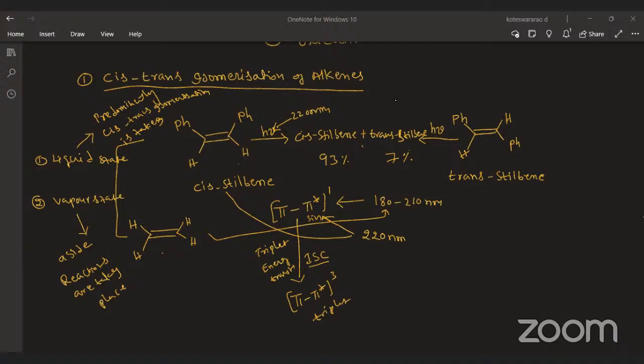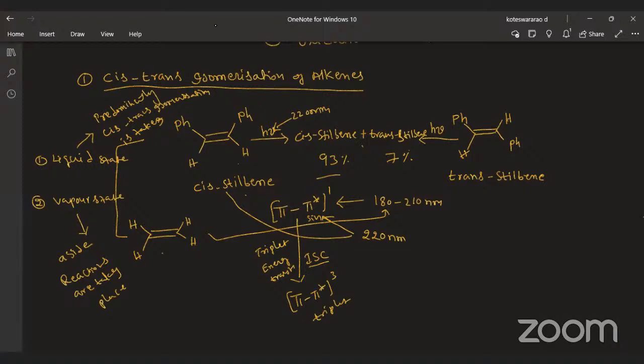Therefore, in the vapor state reaction, other products besides the cis-trans isomers may be generated. The best example: when this reaction undergoes cis-trans isomerization, it leads to 93% cis-stilbene and 7% trans-stilbene. Even if we conduct the reaction with cis-stilbene, the same ratio of products is generated, and with trans-stilbene the same mixture is also generated.